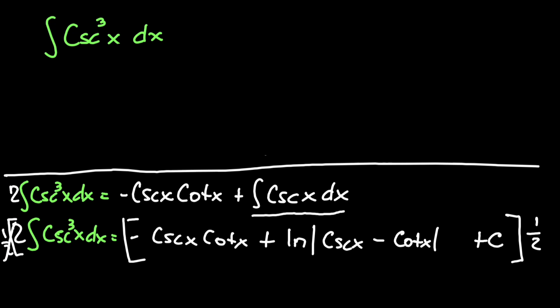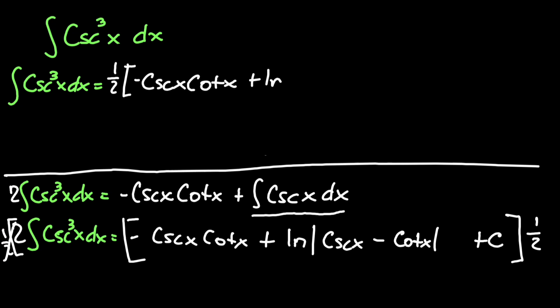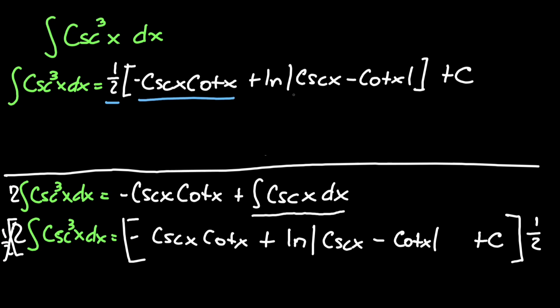And so the final answer of the integral of cosecant cube of x dx would be equal to 1/2 multiplied by negative cosecant x cotangent of x plus the natural log of cosecant x minus cotangent of x plus c. I mean, you can distribute 1/2 to this too, but I will just leave this as it is.